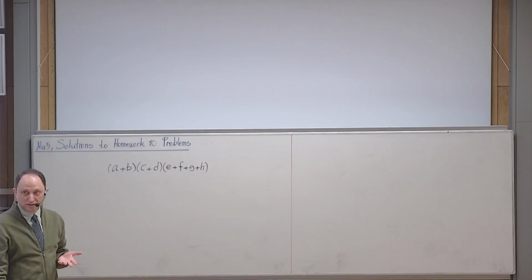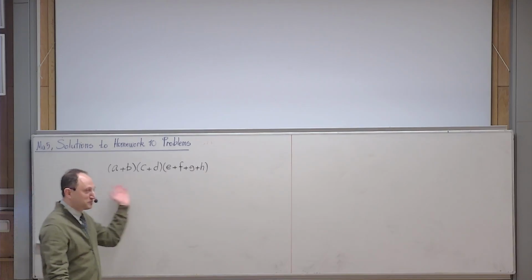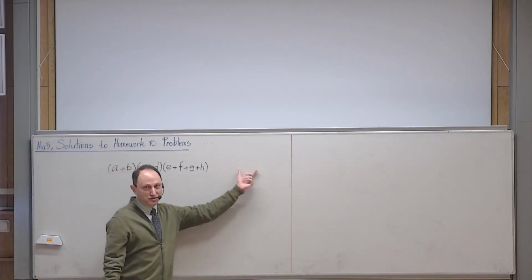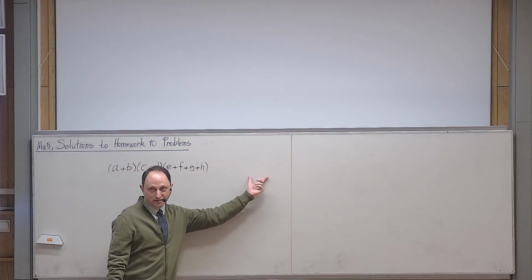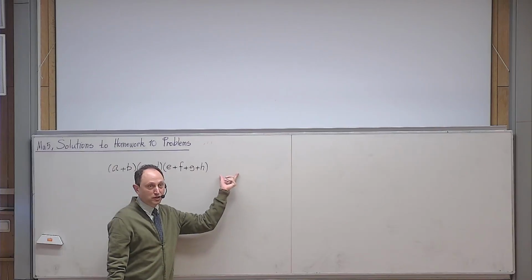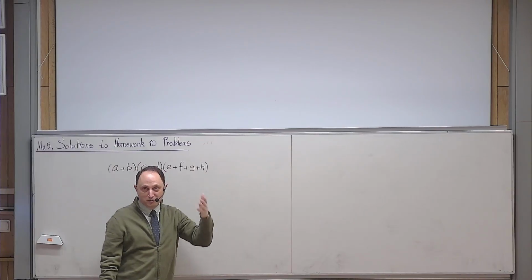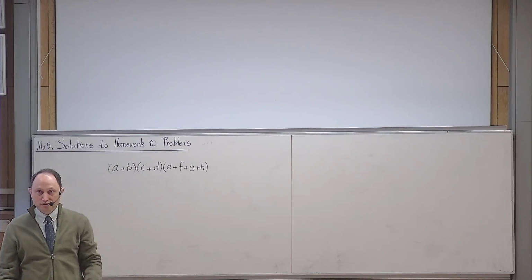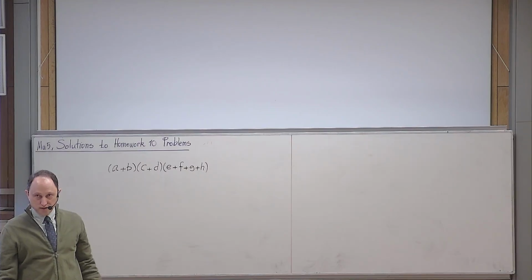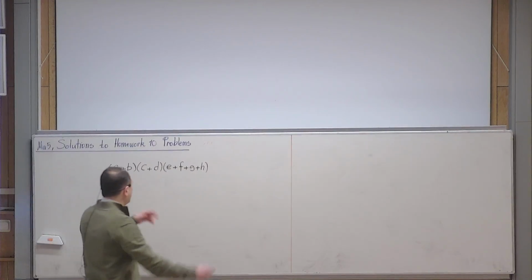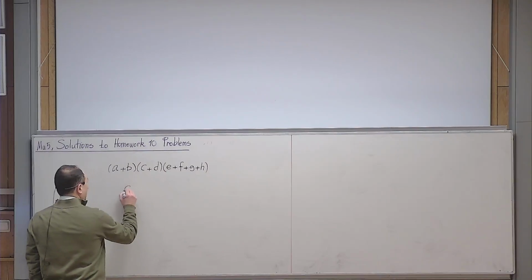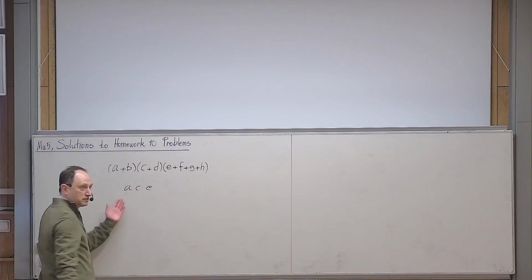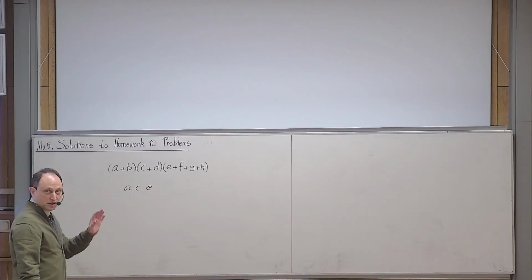Is the question unclear? If you start multiplying, you will get a bunch of terms added to one another. I'm asking, concentrate on one of those terms and tell me how many letters are involved in that one single term. Yes, 3. Yes, so for example, one of them will be A, C, E. Yes. Is that understandable or not?